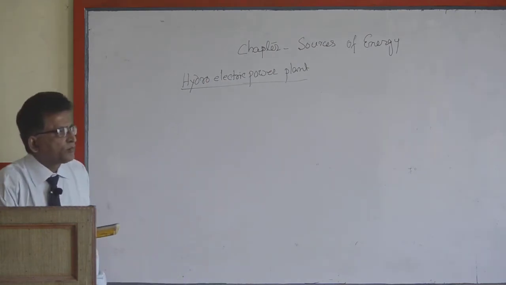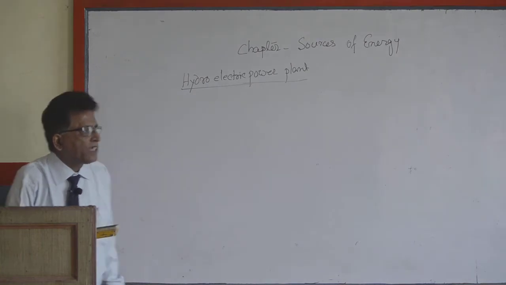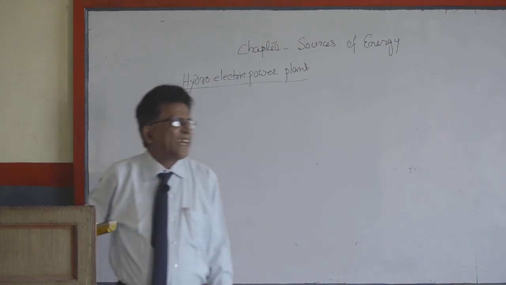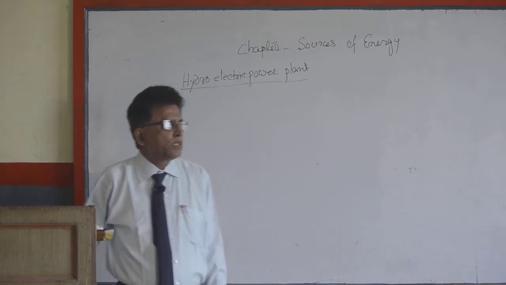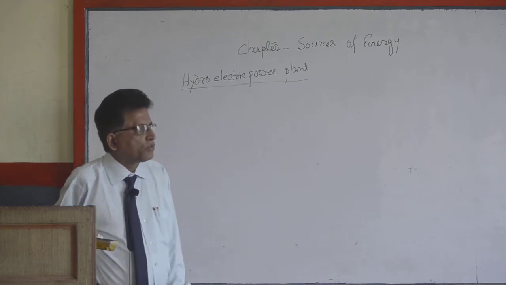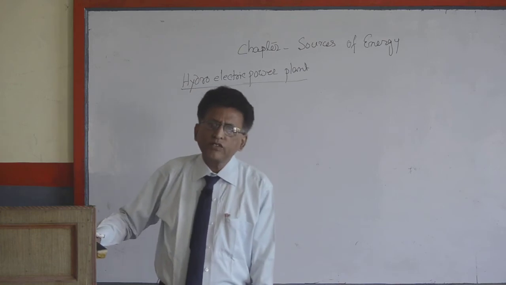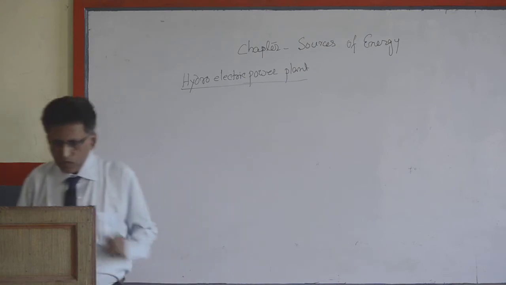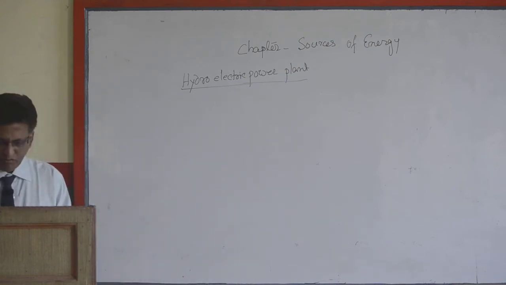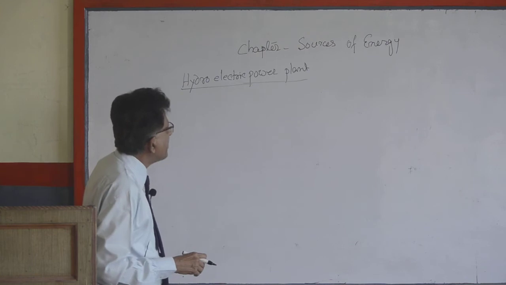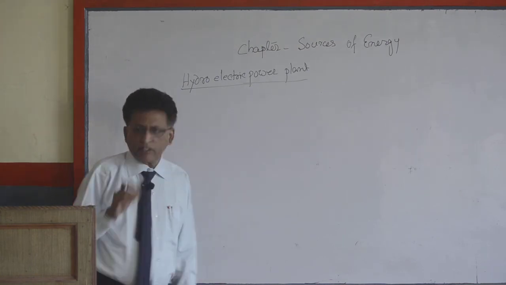The electricity produced by flowing water is known as hydroelectric power. A plant used to produce hydroelectric power is known as hydroelectric power plant. Now I am drawing a schematic diagram of hydroelectric power plant.